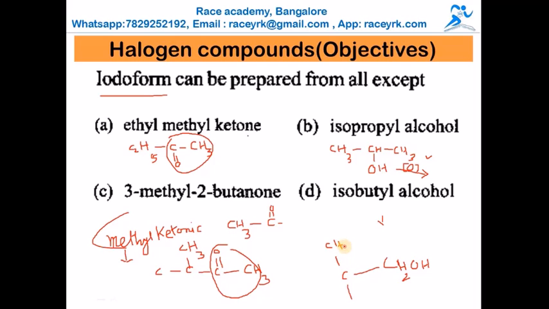So that cannot be easily converted into a methyl ketone group, even after oxidation, meaning removal of hydrogens from carbons. This CH2OH cannot be converted into ketone. It can be converted into aldehyde, but it cannot be converted into ketone. So isobutyl alcohol cannot be used to prepare iodoform. Hope you understand this question. Okay. Thank you very much.